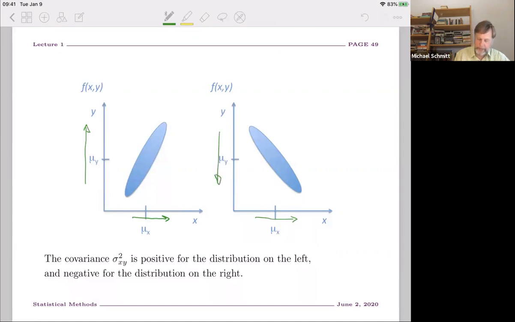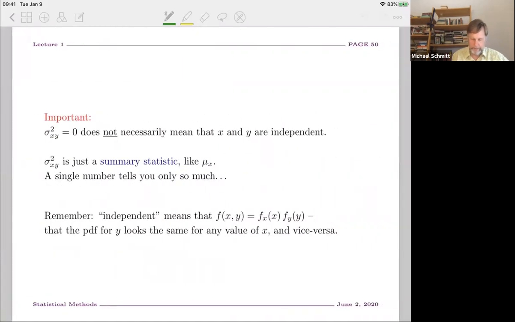So in the case of the left, the covariance is positive. In the case on the right, the covariance is negative. Okay? All right. Now you could, of course, have the borderline case where sigma squared xy turns out to be 0. It's neither positive nor negative, it's 0.